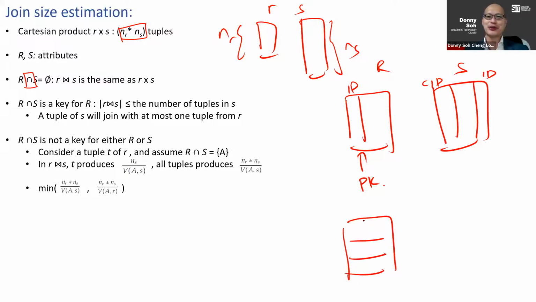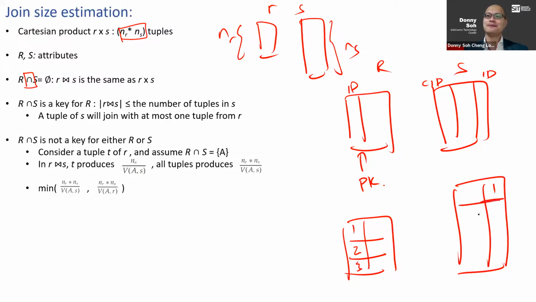Did I share this before with you all? Because I'm scared I forget. I mixed up with last year's class. So I hope I never shared before. So let's say this is 1, 2, 3. So this is 1. So this is CS, CS, PHY, chem, chem.